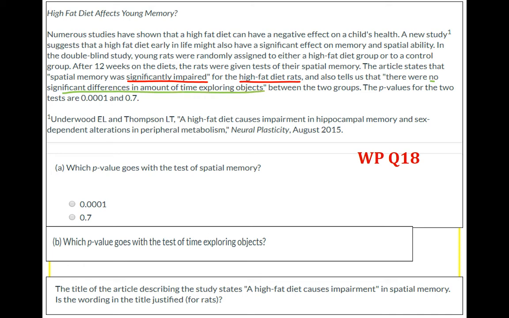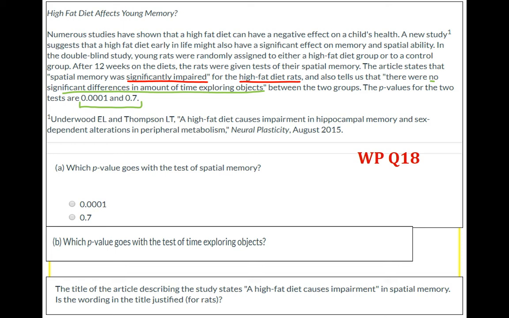The p-values for the two are 0.0001 and 0.7. Now remember, that's the area of the test. So I go down and ask, okay, which one goes with spatial memory? Let's go back up to the article and read for a second. It says the article states that spatial memory was significant.